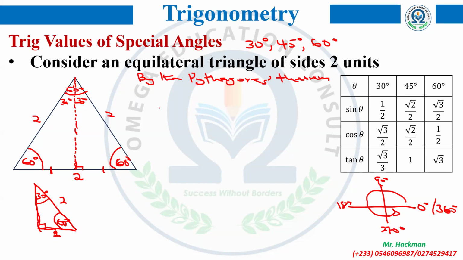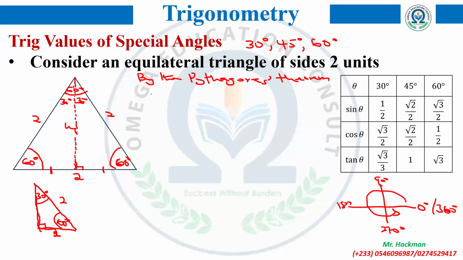I'm going to find, let me call this H. If you are smart, you will know that my H squared will be equal to this one squared minus this one squared. Let me write it out, because if I skip some of these steps, some of you who are not that matured may not find it pleasing.